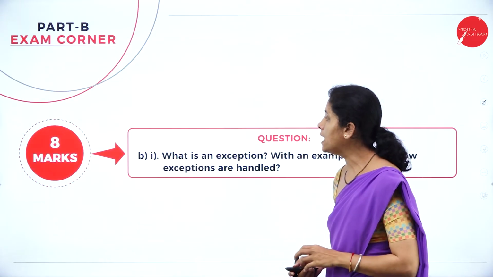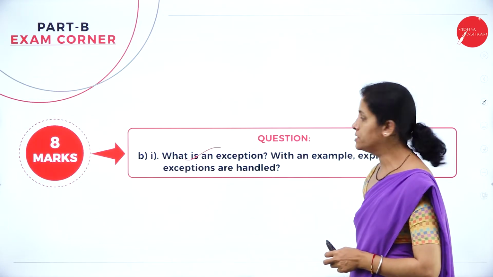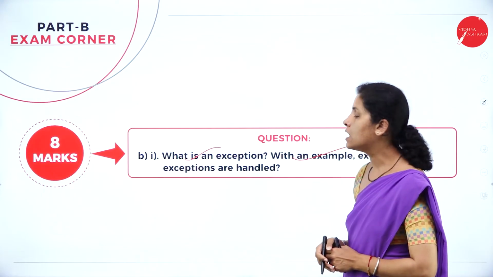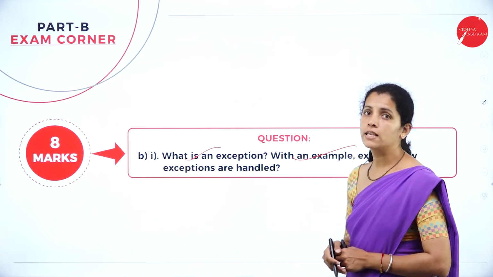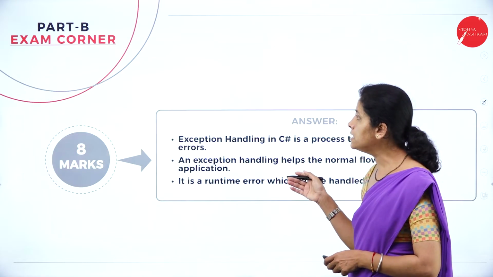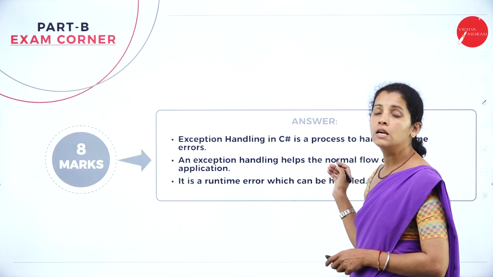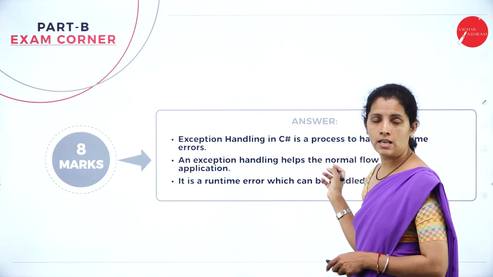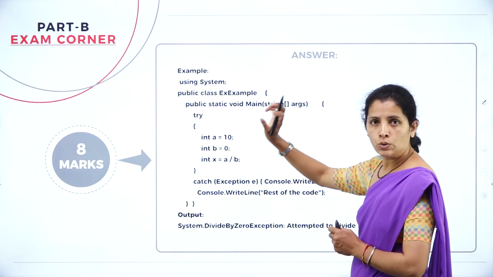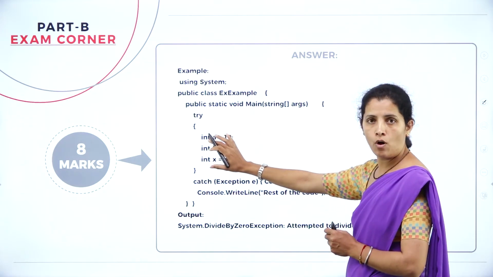Now, dear student, I am going to have another question. What is an exception? With an example, explain how exceptions are handled. Exceptions are nothing but runtime errors. To handle runtime errors, C# programming supports try, catch and finally keywords. Dear student, I'm going to write the executable code in my try block.